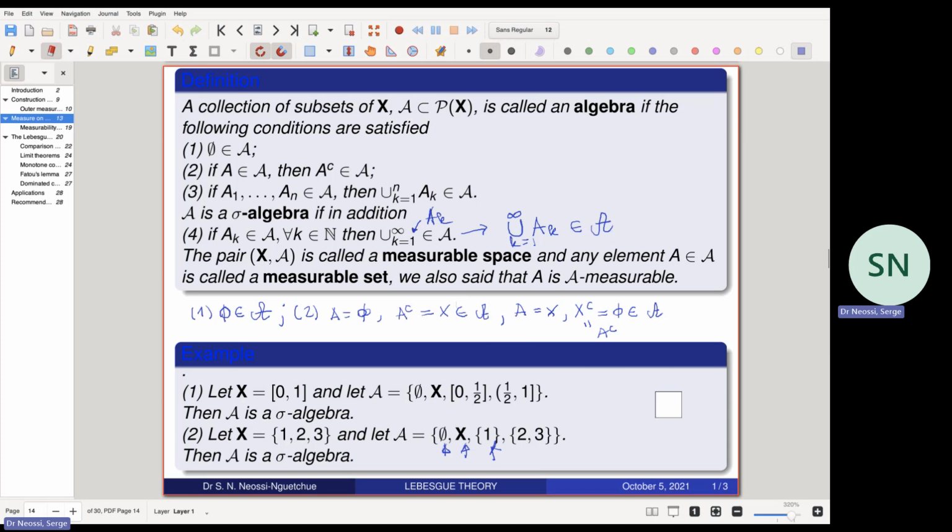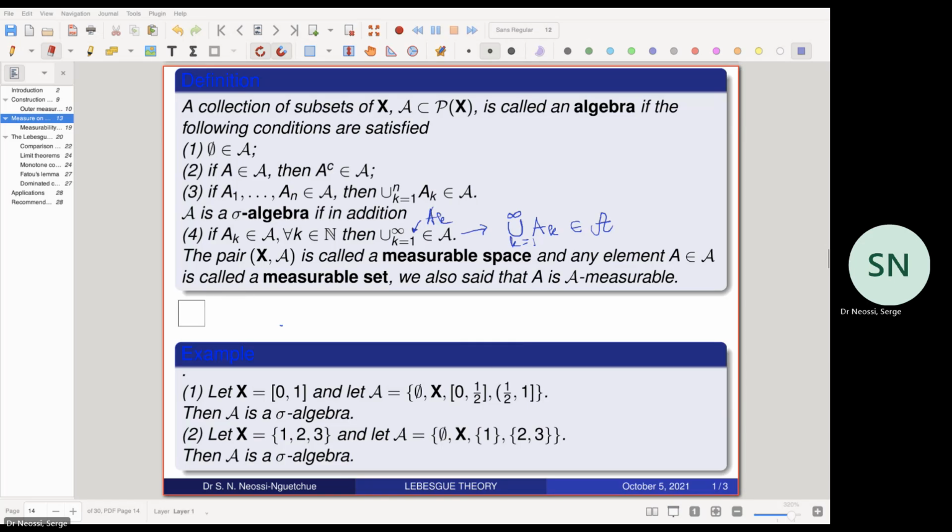So we are going to look at the next axiom, axiom 3. For axiom 3, we can take arbitrary elements, provided we have a finite number of elements of A. We can select them arbitrarily.